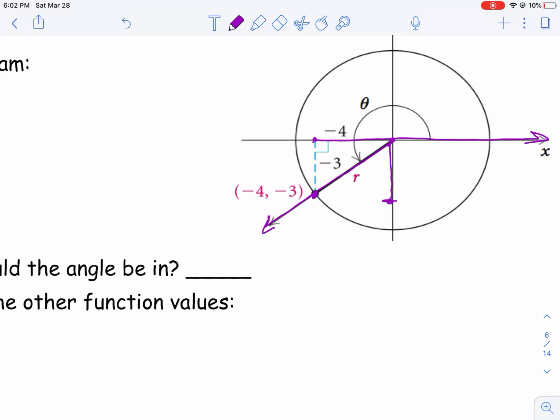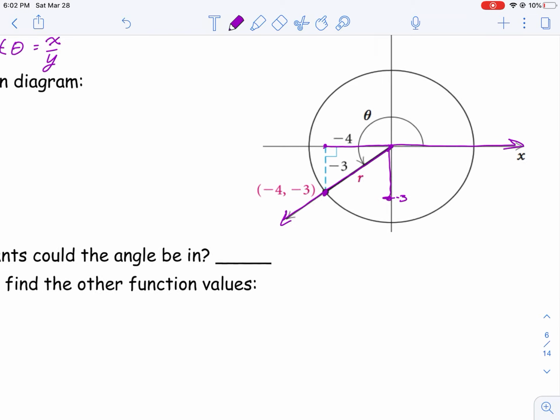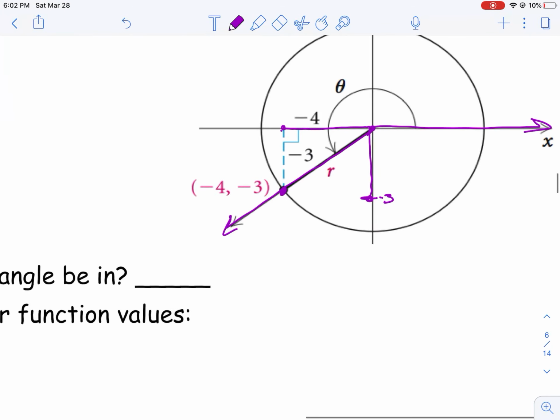My y-coordinate, this distance, is -3. We're now going to find sine theta, cosine theta, tangent theta, and then the reciprocals, cosecant theta, secant theta, cotangent theta.